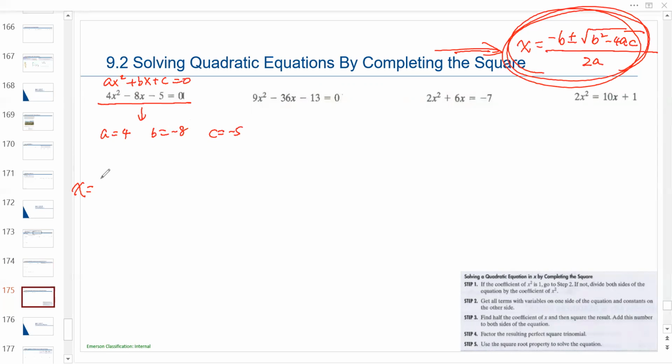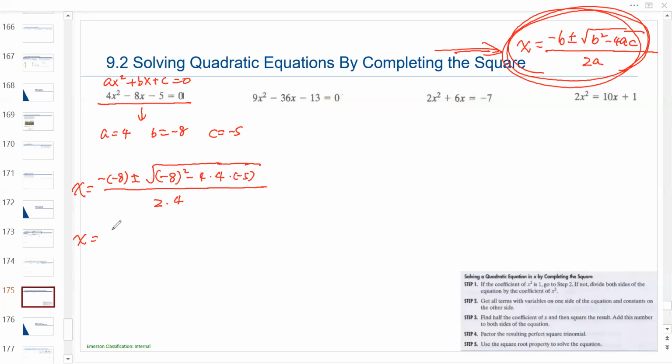All right, negative b, plus minus, I'm sorry, not 4, square root of b squared minus 4ac, divided by 2a, right? So this is their solution.